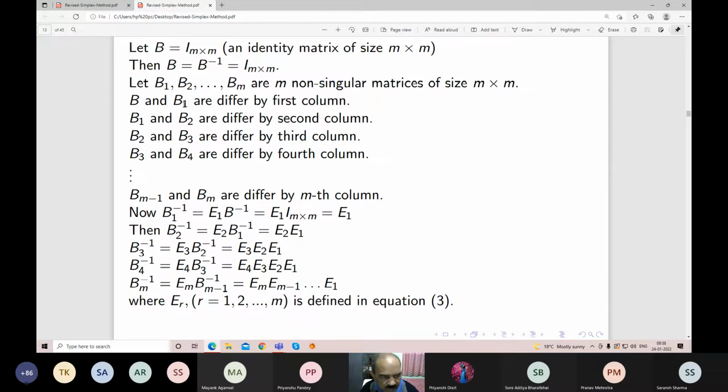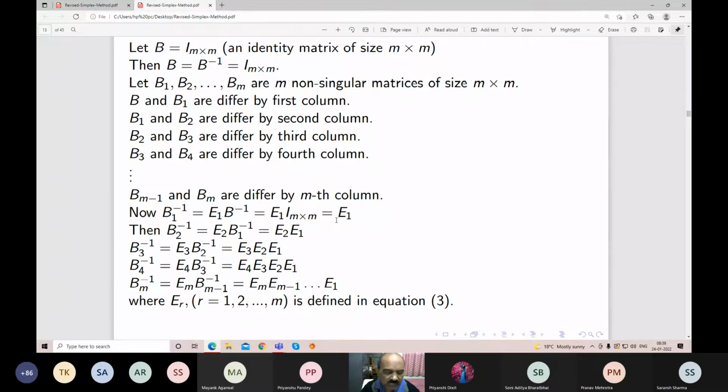It is non-singular and the first column is different. So we are interested in computing the inverse of B1. B1 inverse will be equal to E1 into B inverse. But since B inverse is nothing but an identity matrix, our B1 inverse will be simply E1. Is it all right?